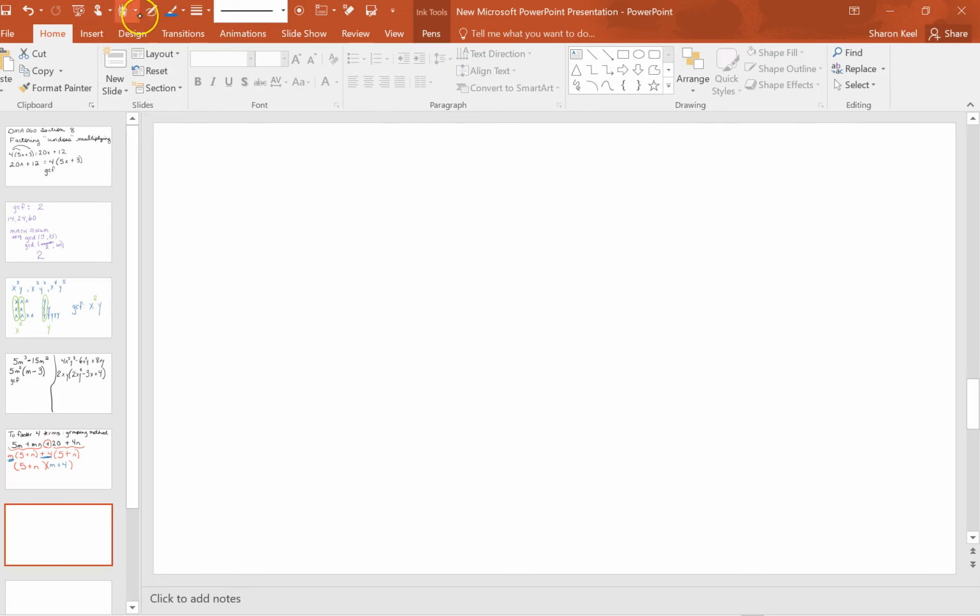Now let's do a polynomial that's going to give us several things to consider. Here we have 12x squared y minus 42x squared minus 4y plus 14. Okay. Now the first thing we want to know, is there a GCF?